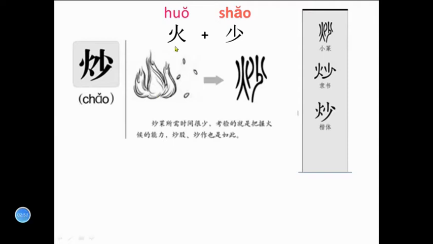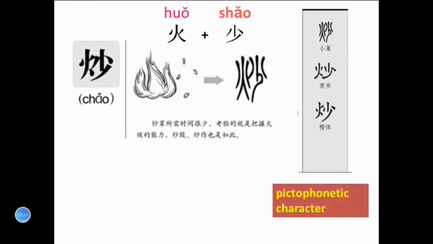So, one part implying the meaning and the other part implying the pronunciation. Do you still remember what kind of character it is called regarding the character formation method? Yes, this is a typical pictophonetic character, 炒.